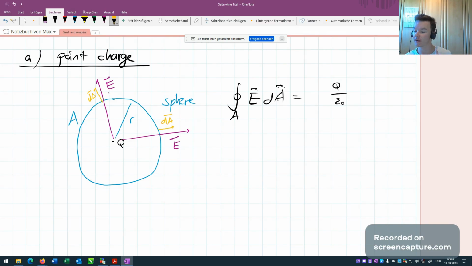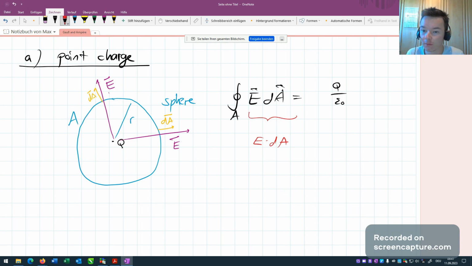These area vectors are always parallel to the field vectors, which means we can ignore the vector characteristics of these two. Because E and dA are parallel, we can say that this is equal to E times dA without the vectors, because if two vectors are parallel, we can multiply them by just multiplying their absolute value, or their length.